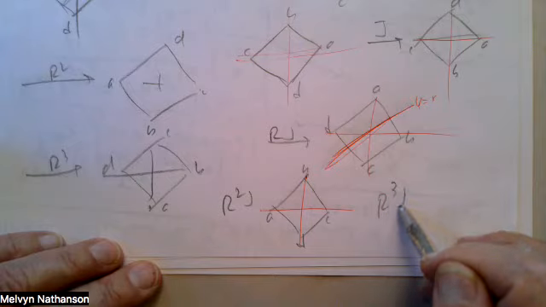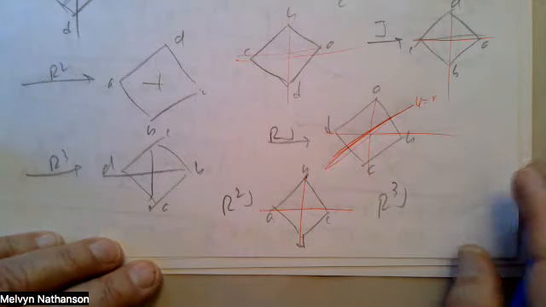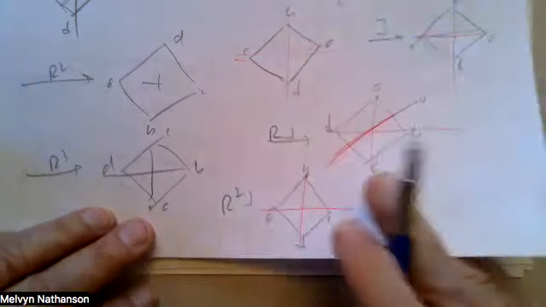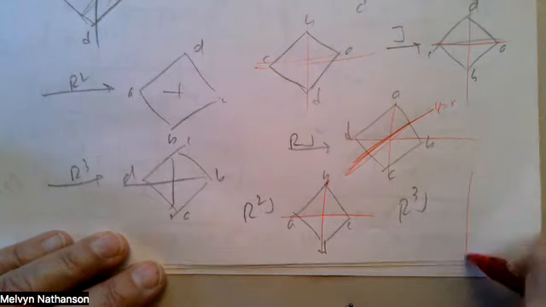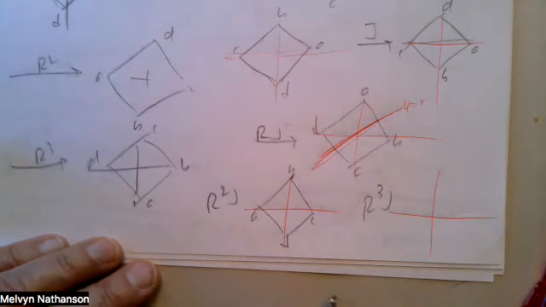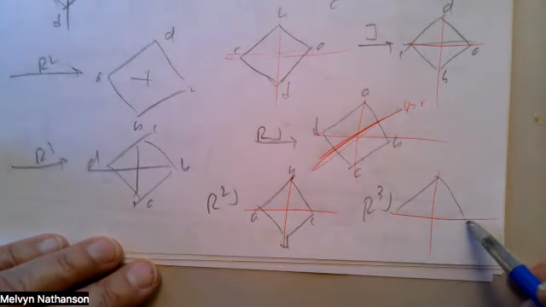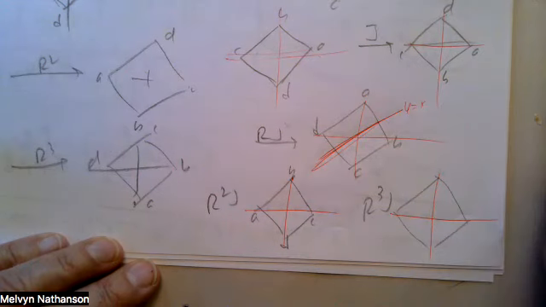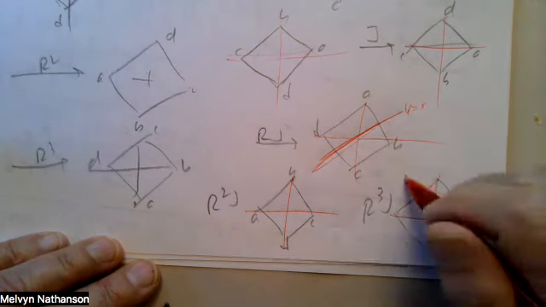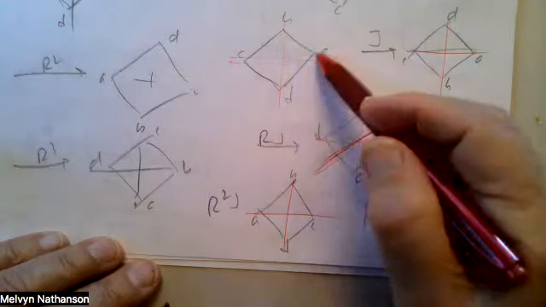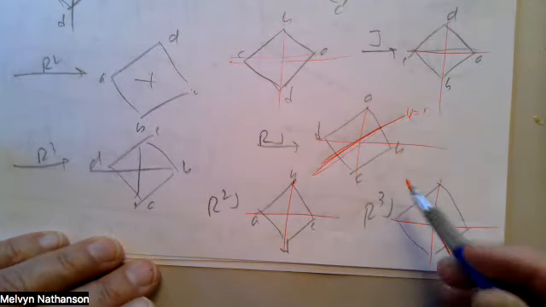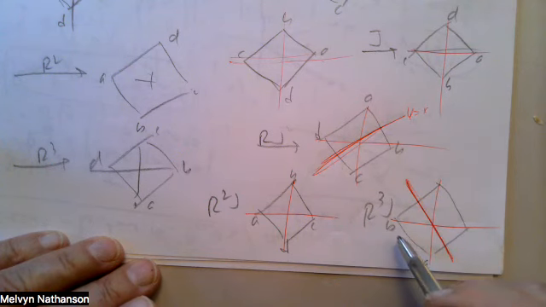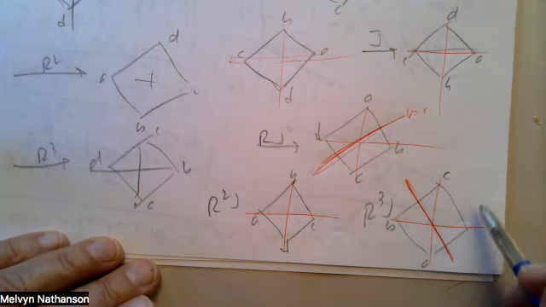And finally, R cubed J is reflection through the line y equals minus x. So if I take my square and I'm reflecting through this line, AB on top get moved down here, and CD on the bottom get moved up there.